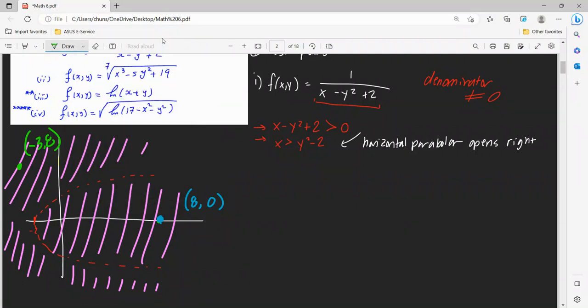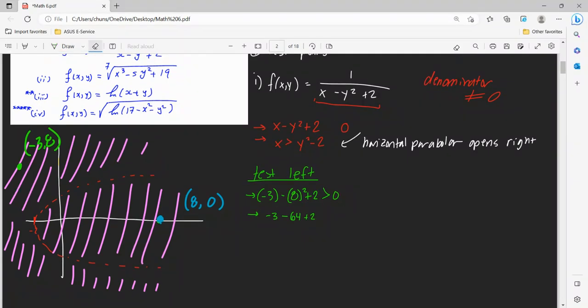So let's test left. For our x value, we've got -3 minus 8 squared plus 2. It's -3 minus 64 plus 2. Sorry, I apologize.